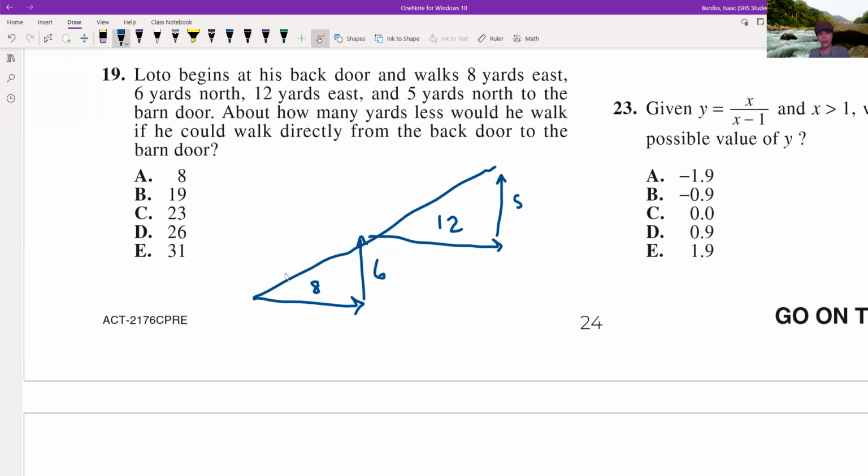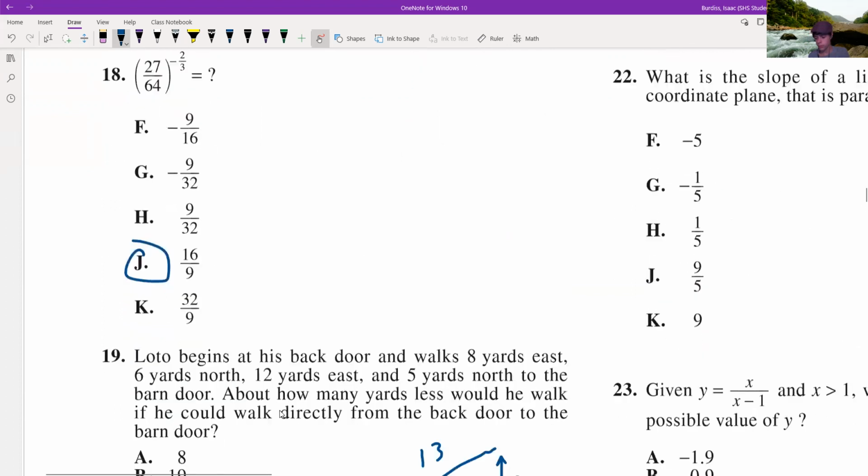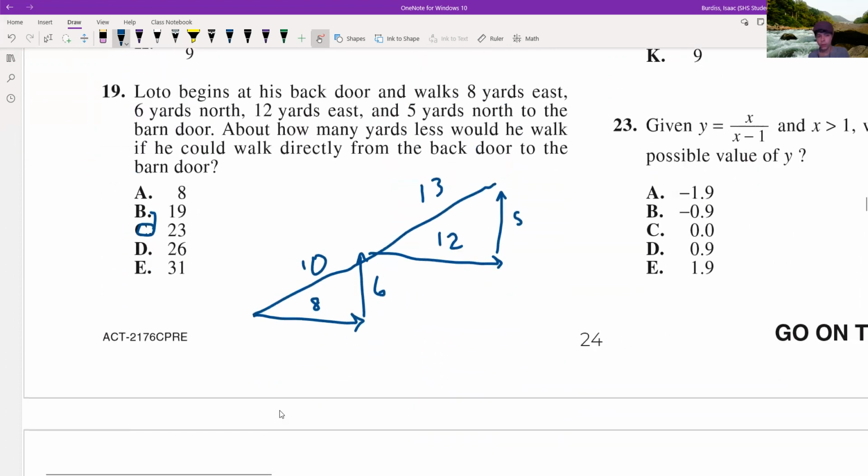So we need to find the length of this, which is pretty much like the 2 hypotenuses of both triangles. So by Pythagorean theorem, a squared plus b squared equals c squared, assuming you know how to do that, because that's a good thing to know, this would be 10, this would be 13. Also, those are common triangles that are good to know, but you might not know those. But add those together, you get 23. Oh, wait. That's bad. Sorry. That's a common mistake you can make.